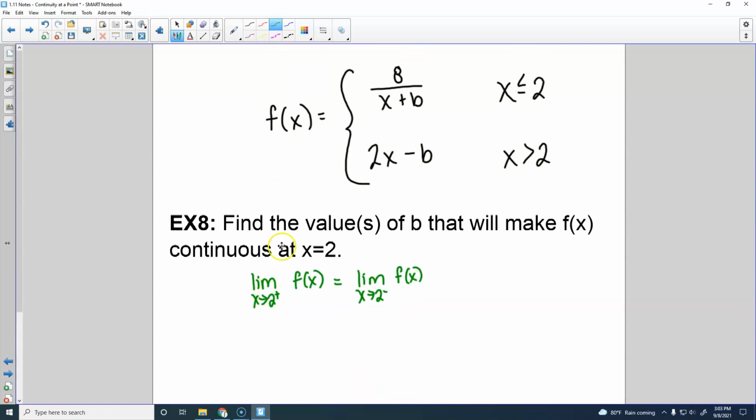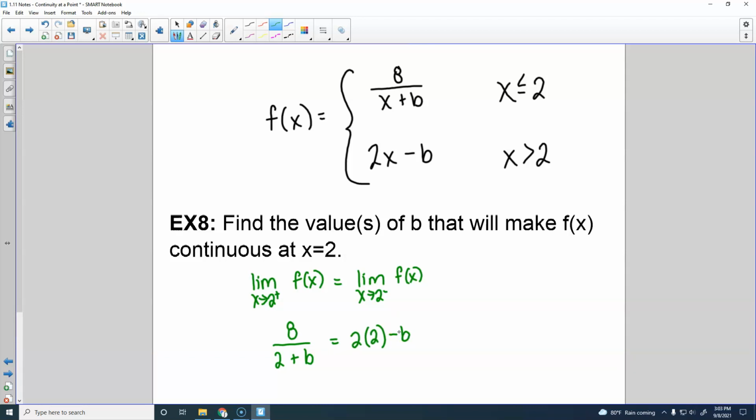So if I'm doing the limit as x approaches 2 from the right of f of x, I'm using that top function. And I'm plugging in 2 for what variable? x. Not for the b. The b is still going to be there. So I've got 8 over 2 plus b. And then for the other side, I would have 2 times 2 minus b.